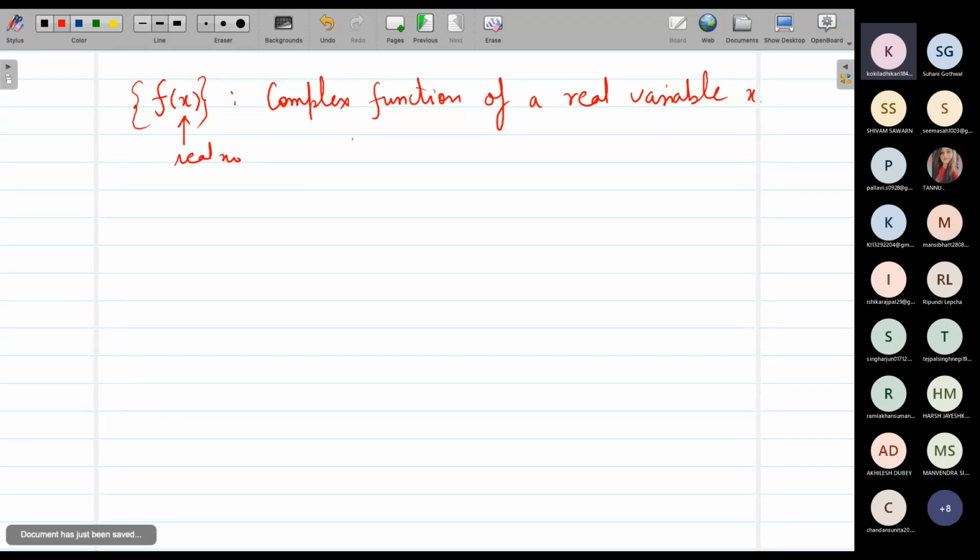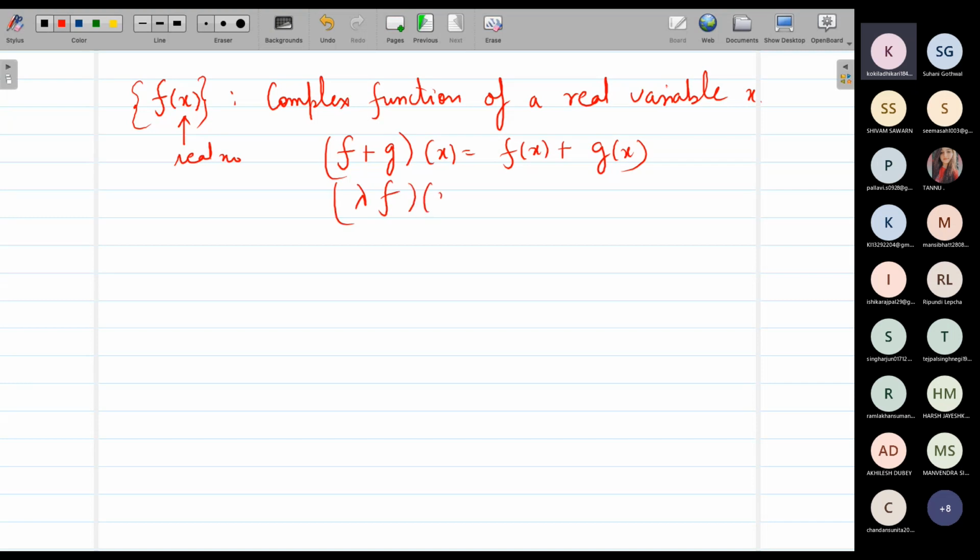And I did mention it briefly that under the simple rule of vector addition, which we do as f of x plus g of x, and scalar multiplication, which we do as lambda times f of x, this will qualify to be a linear vector space. Now, what will be the vectors in this vector space? They will all be complex functions of a real variable.